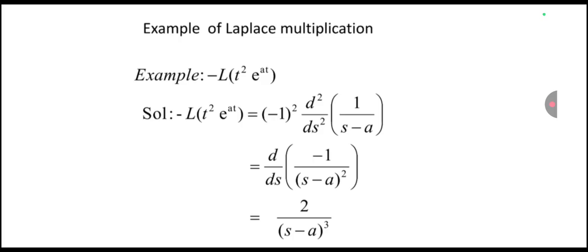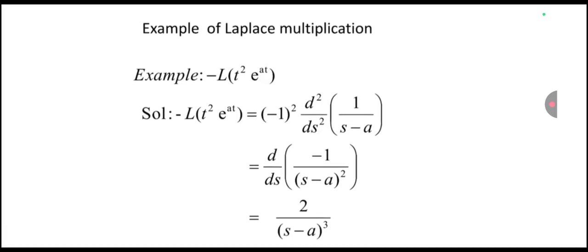Again we have to differentiate this one with respect to s. Take this term to the numerator, so we have s minus a the whole power minus 2. When you differentiate this one, we'll get 2 by s minus a the whole power 3. So L of t square e power at equal to 2 by s minus a the whole power 3.